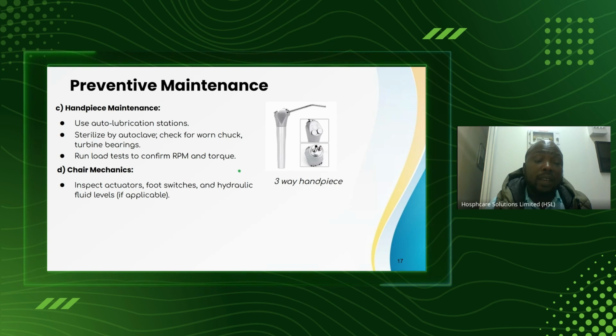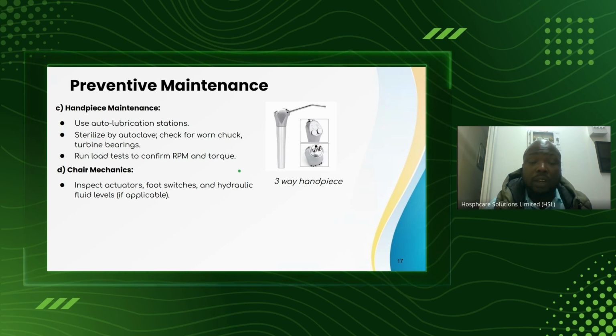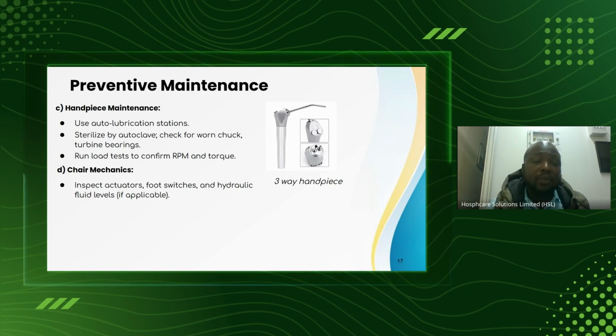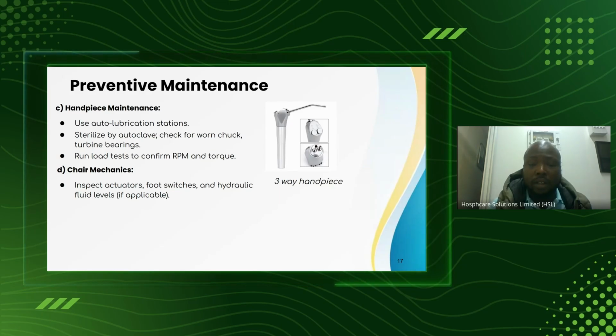Most of the time, the noise is being caused by misalignment. You realize the unit is not fully aligned or not lying on a plane surface. So you also need to make sure that your surface is plane by using a spirit level, so that all the weight can be transmitted uniformly to the ground.